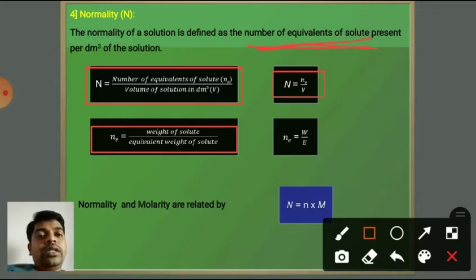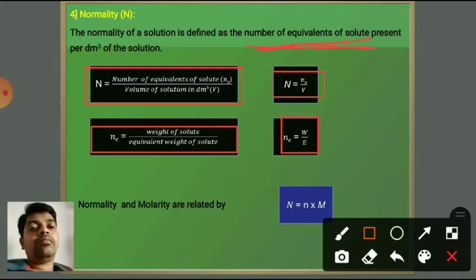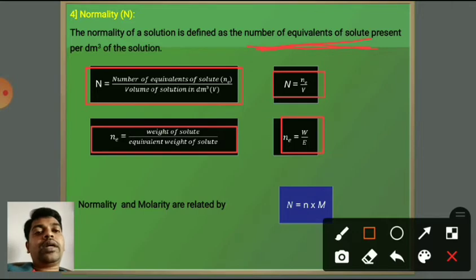Now this Ne can be written as W upon E. Here W is the weight of solute and E is the equivalent weight of the solute.